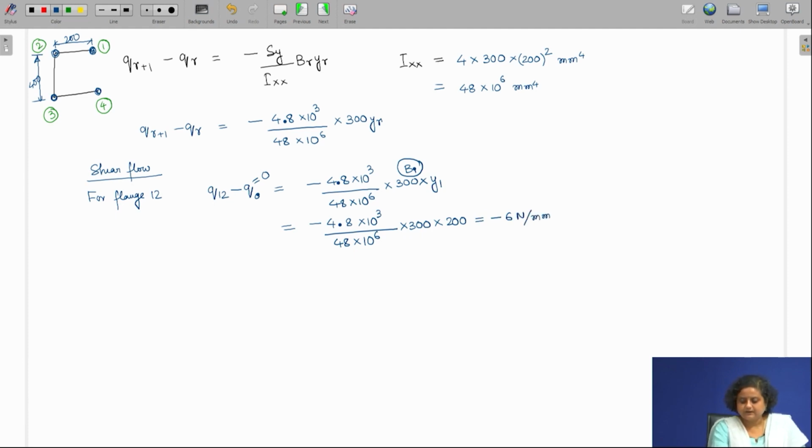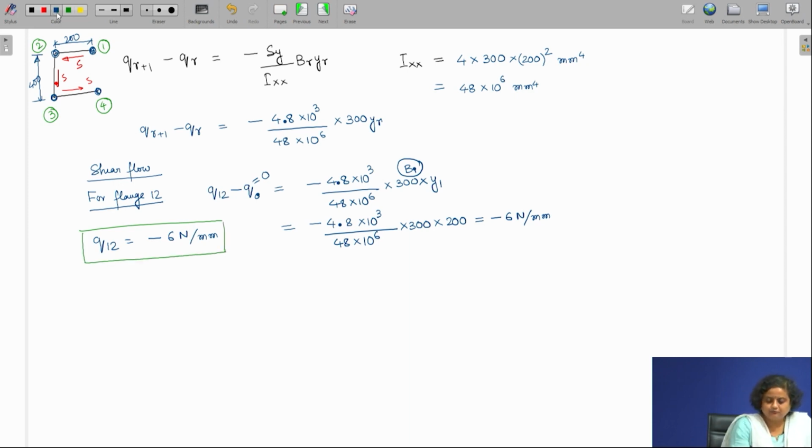Because this and this becomes 48, so I have minus 6 Newton per millimeter of shear flow. So therefore Q12 is minus 6 Newton per millimeter, and our S coordinate is taken in this direction. So this I have taken to be the positive direction of S. So Q12 is therefore minus 6.